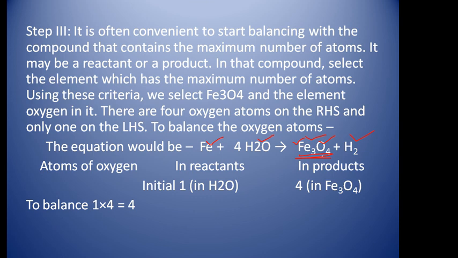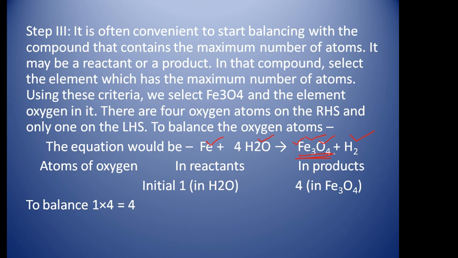So we will start with oxygen. Am I clear? First you will find that compound where the total number of atoms is maximum. You will start with that compound. Now in that compound, you will start with the atom whose number is maximum.